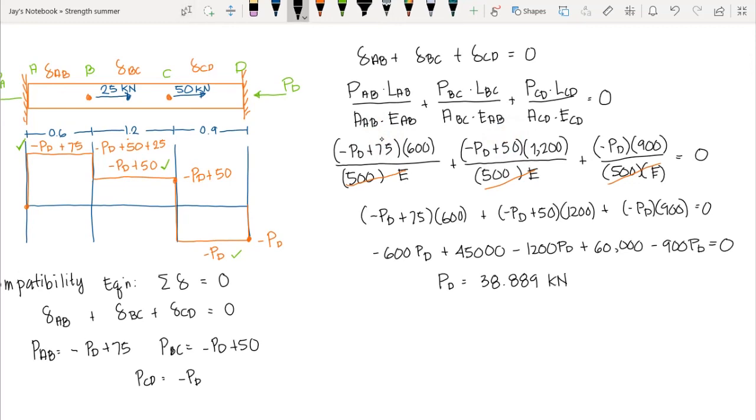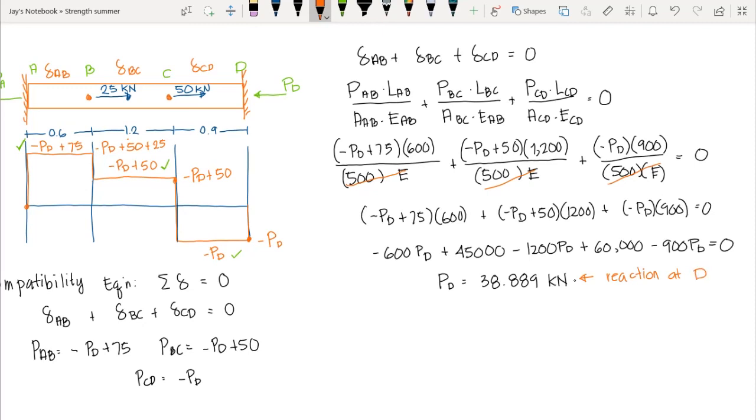Again, since we are using 75 kilonewton, 50 kilonewton in this form, directly our answer will be in terms of kilonewton. But if you want to convert it into Newton, let's say you are using 75,000 and 50,000, then your result would be in terms of Newton, and that should be 38,889 Newton. Okay? So this is the reaction at D.